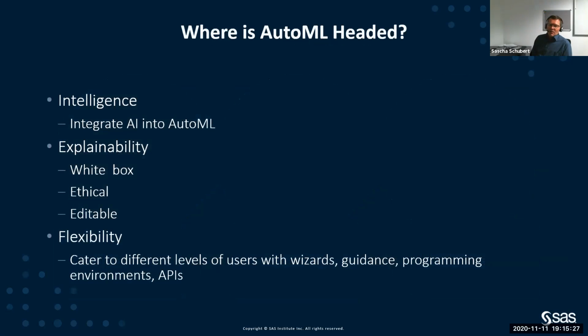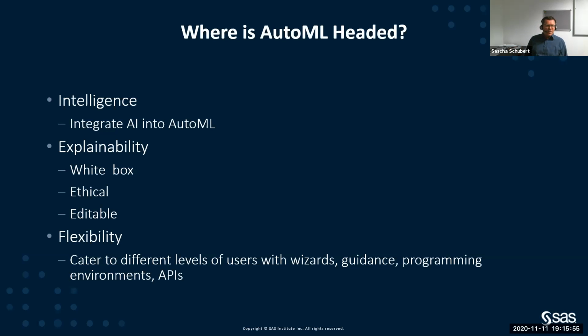So where's auto machine learning headed from our perspective? I think the intelligence is still a big area for potential improvement, to integrate artificial intelligence into automated machine learning, so that you don't necessarily run your automation algorithm based on policies, on rules that you have set that are static, but based on dynamic search and analysis of the data that you're using for your model.